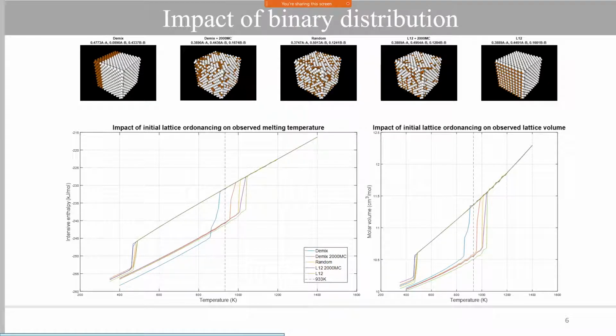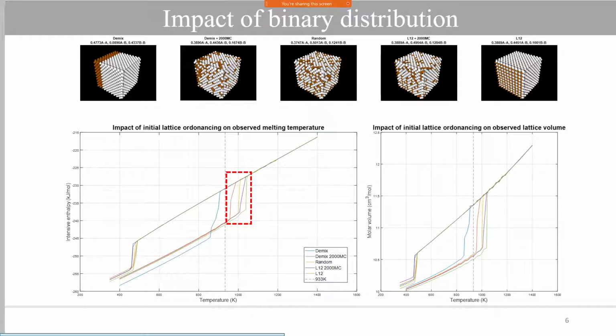Here's a graph. The main importance of the graph is the one at the bottom left, where you can see the enthalpy as a function of temperature. The basic figures that I showed you earlier are associated with these curves. The important thing in this graph is this little jump in enthalpy, which is a signature of phase change.